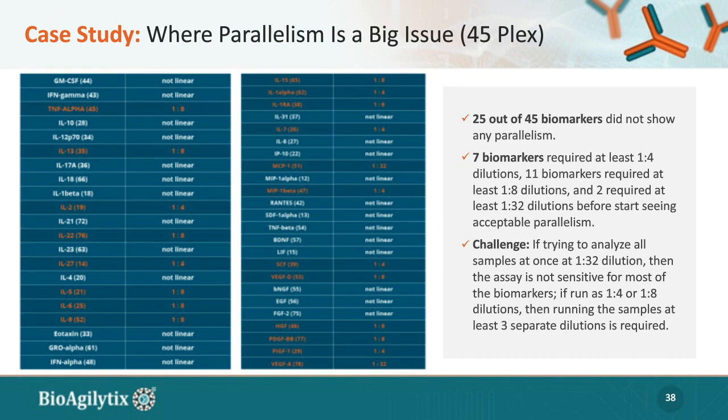It is nice to be able to use a large plex and generate a lot of data. But this is an example of a client that came to us that had generated millions of pieces of data on this panel for exploratory work, and they came to us to validate. In general, we don't really validate anything that is over 10 plexes.